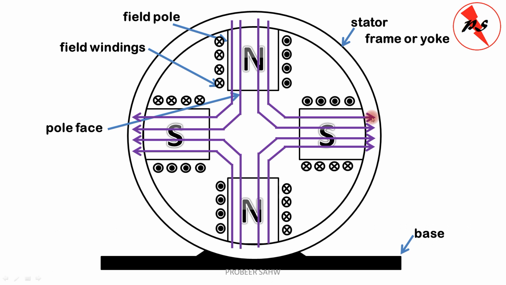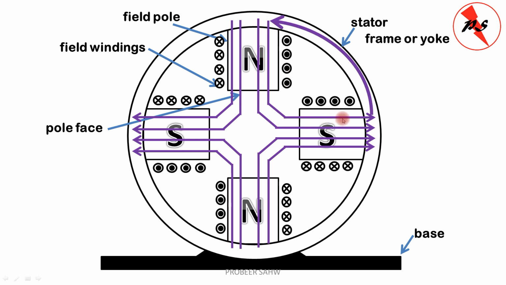So now what will happen, these field lines will go through this frame or yoke. Remember, this frame or yoke is made up of ferromagnetic materials, so these are very susceptible to magnetic lines. So the field lines originate from the north pole, go to the south pole, and through this frame or yoke go back to the north pole, somewhat like this.